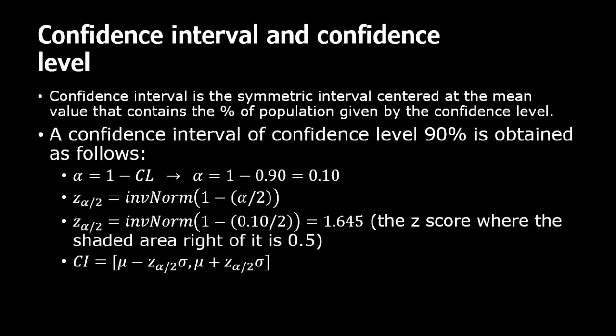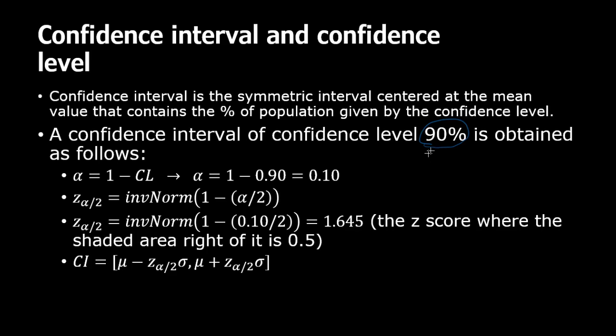And in general, this is what happens. The definition of the confidence interval is that it's a symmetric interval centered at the mean value that contains some percent of the population given by the confidence level. In the previous question, we had the confidence level 90%, and I just used the graph to figure out that it's equivalent to saying 95th percentile.